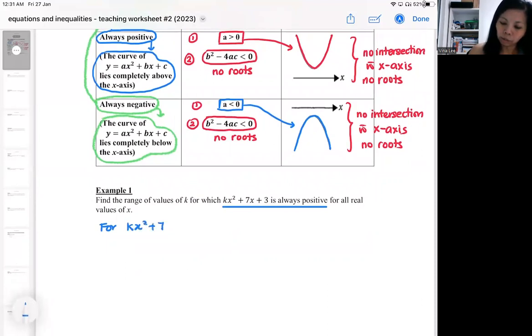For this to be always positive, the implication is that the graph will be entirely above the x-axis.